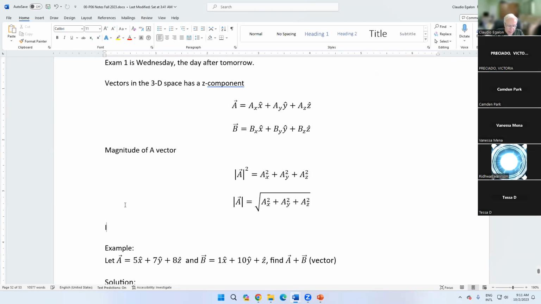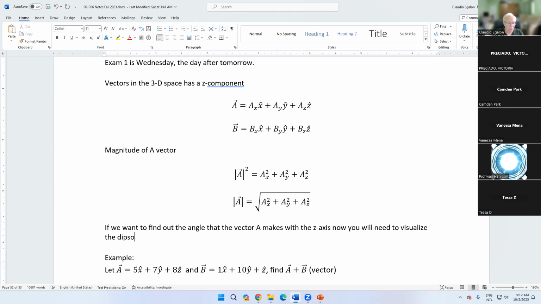If we want to find out the angle that the vector A makes with the z-axis, now you need to visualize the disposition of the vector in the 3D space.